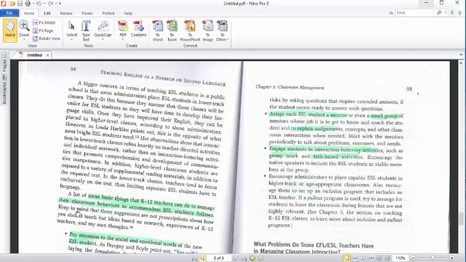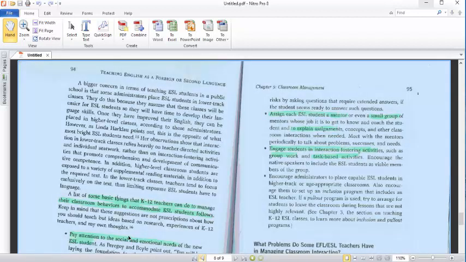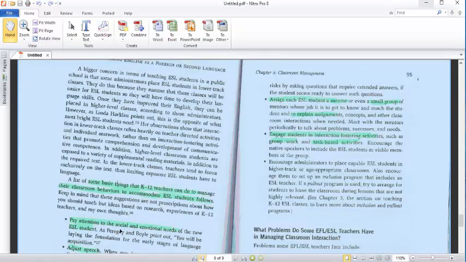Keep in mind that these suggestions are not prescriptions about how you should teach, but ideas based on research.